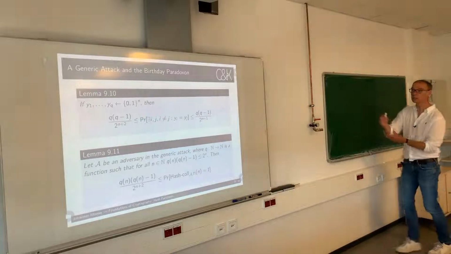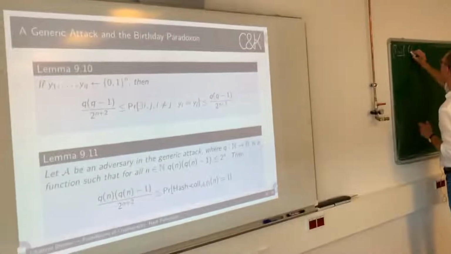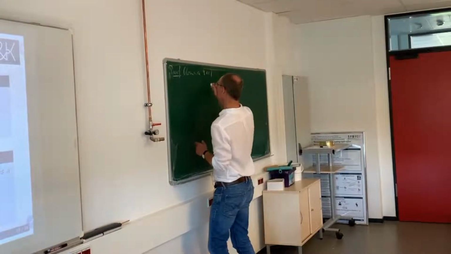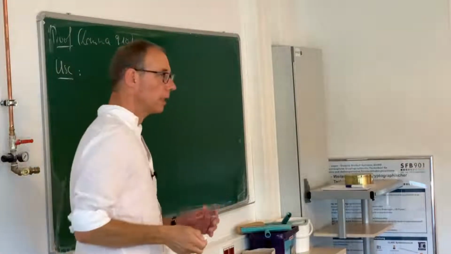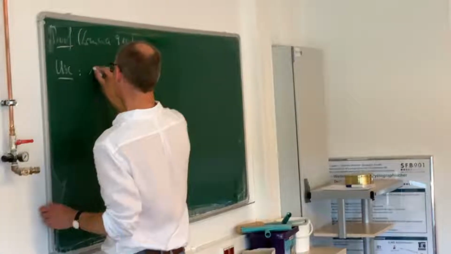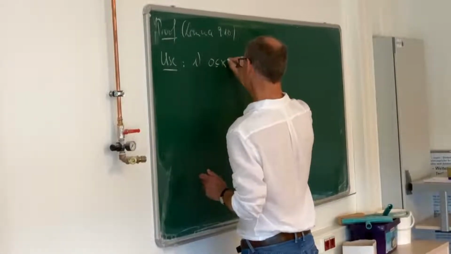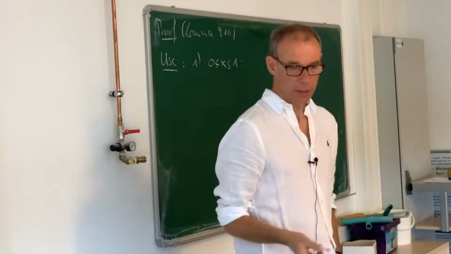Okay, so let's go to proof. We use the following facts. The first fact that we use is that it works for all x's. We have what we only needed for this guy here.